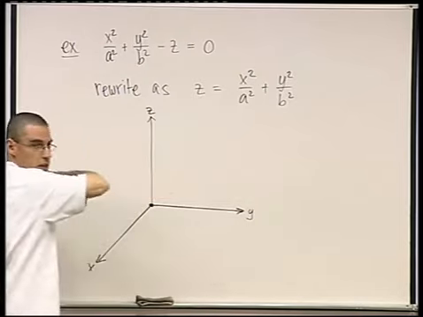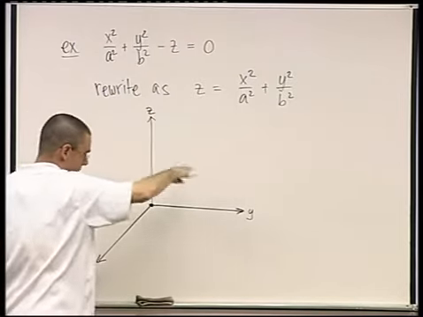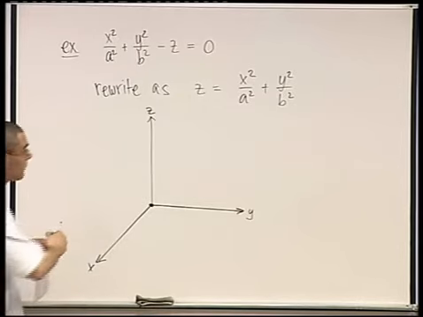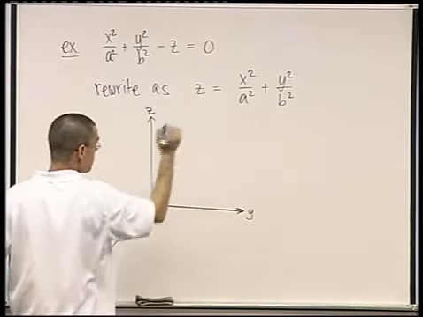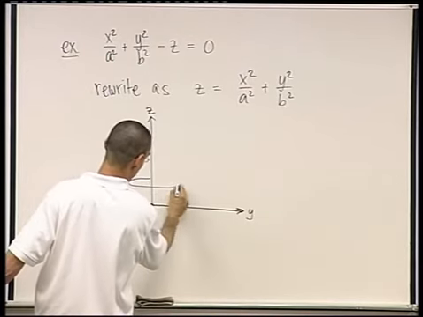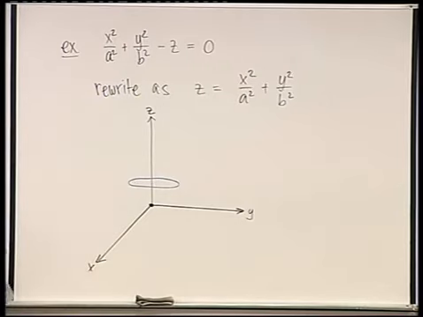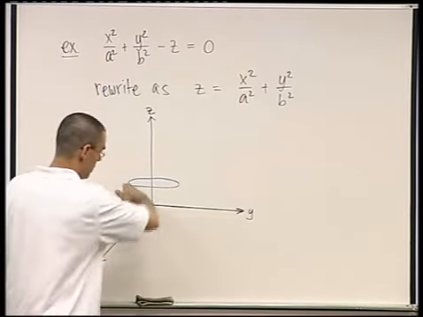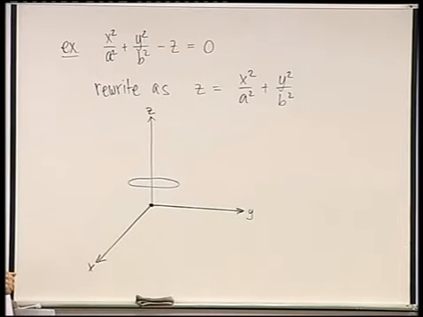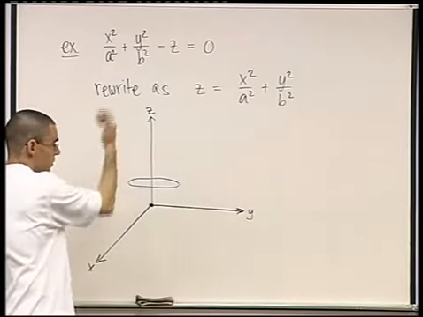That's a plane that's parallel to the xy plane. And what I'm supposed to see is an ellipse. x squared over a squared plus y squared over b squared equals 1. All the points that satisfy that are going to look like some ellipse here. Okay, so this is an ellipse sitting on this plane. You're looking at it from the side. Do you agree?